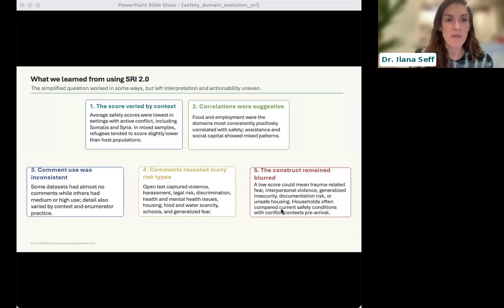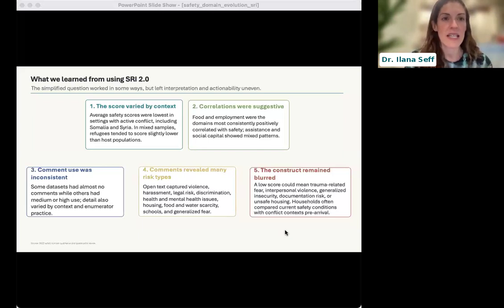In this case, probably what the safety concern is, how it's impacting the household, and potentially flagging that this household needs a protection or other type of referral to address this safety concern. So when we did this rapid analysis of all of these qualitative responses, we really wanted to ensure that we were capturing what we intended.